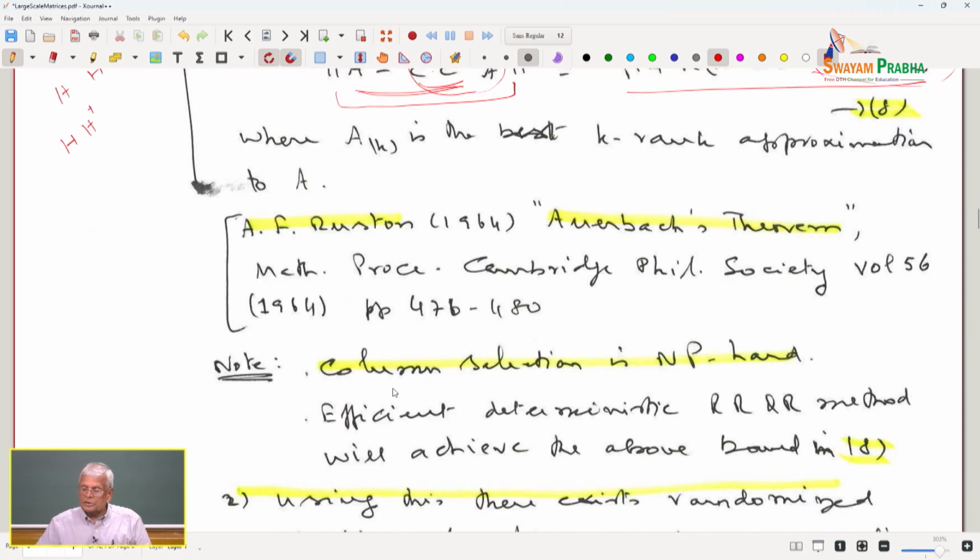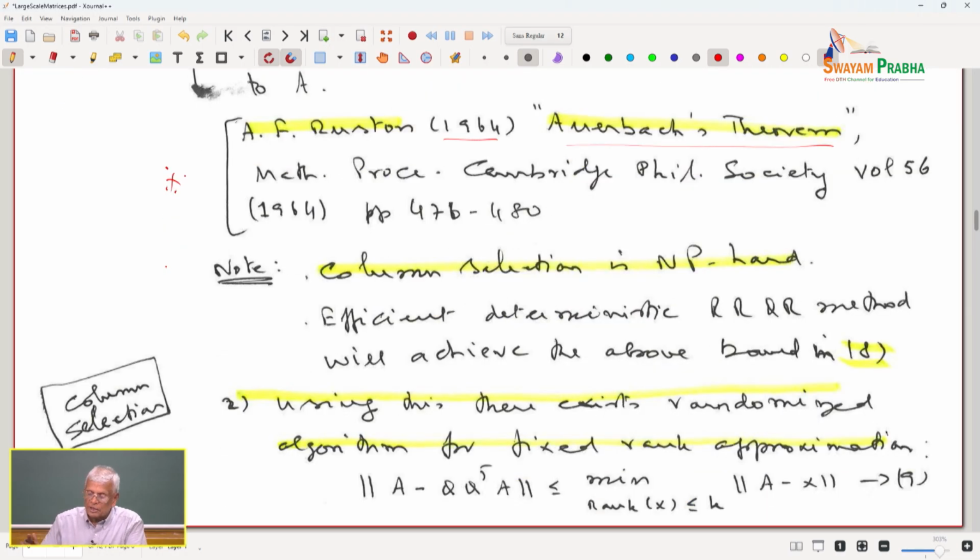This existence result was done in 1964. This is called Auerbach theorem. This was published in Mathematical Proceedings of the Cambridge Philosophical Society. So, much of the basis rests on this fundamental theorem that was enunciated in 1964.